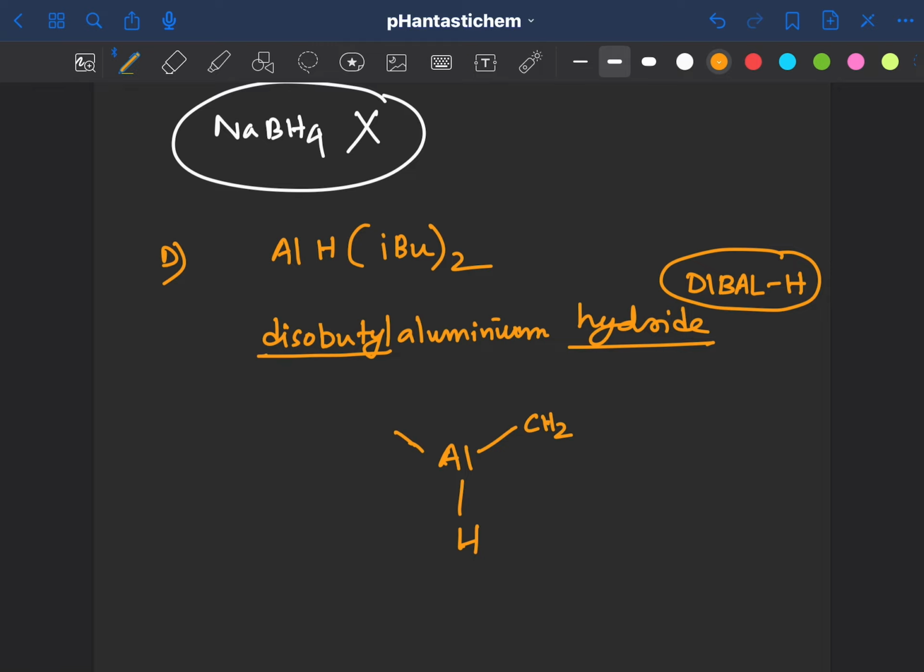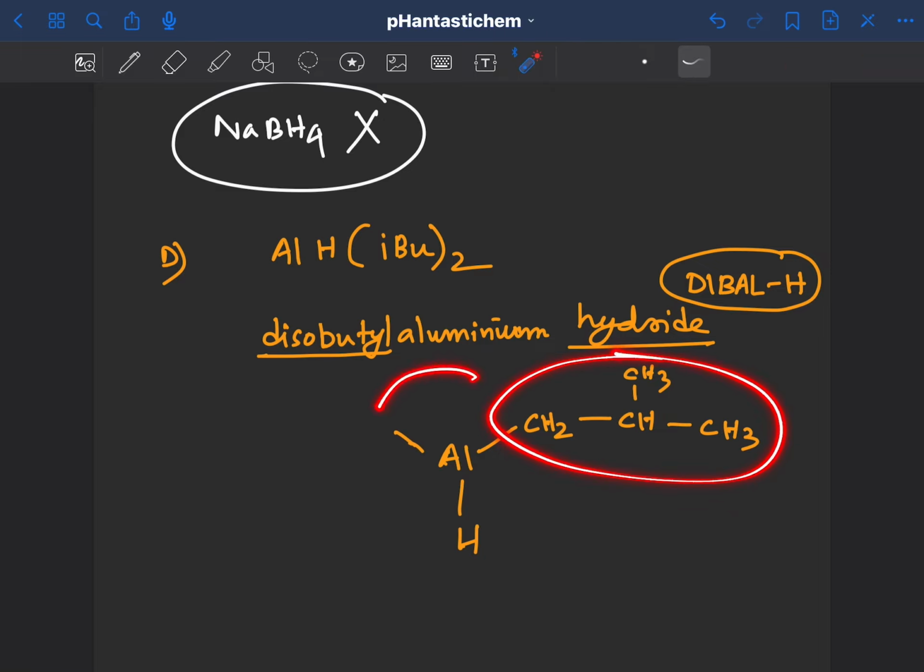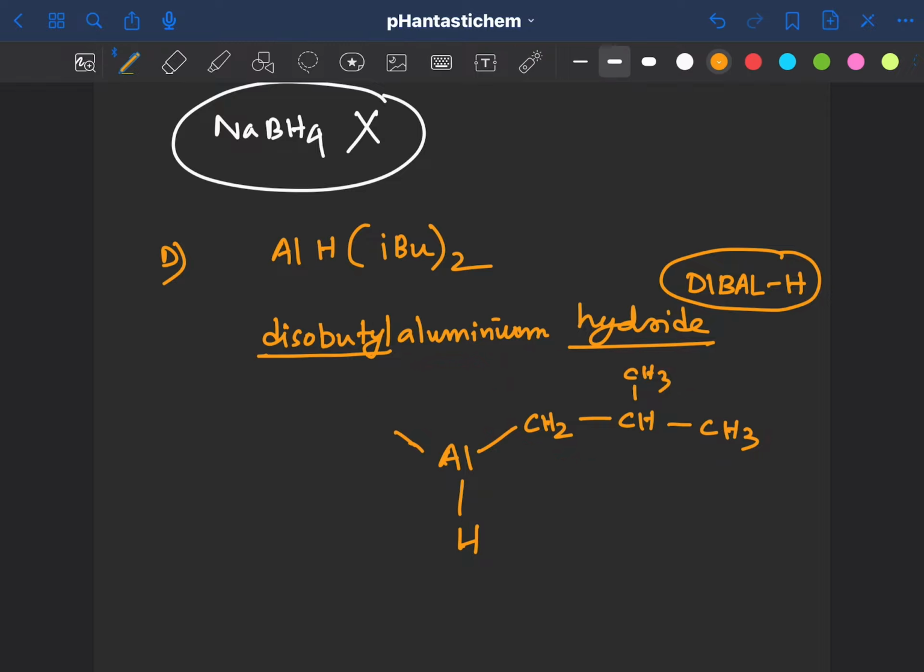Diisobutyl groups are CH2, CH, CH3, CH3. A similar group will be attached on the other valency of aluminum also, so we will have CH2, CH, CH3, CH3.